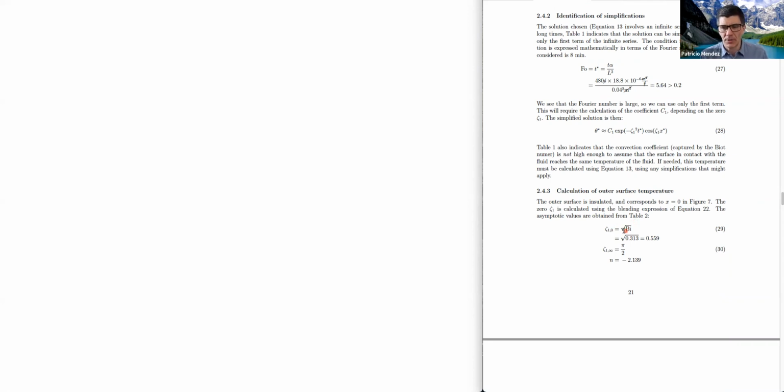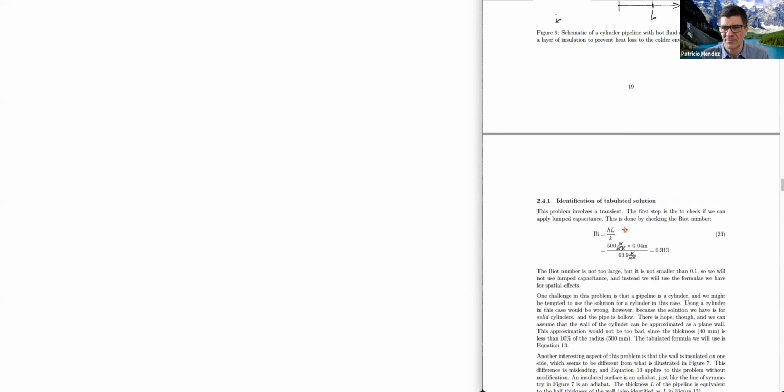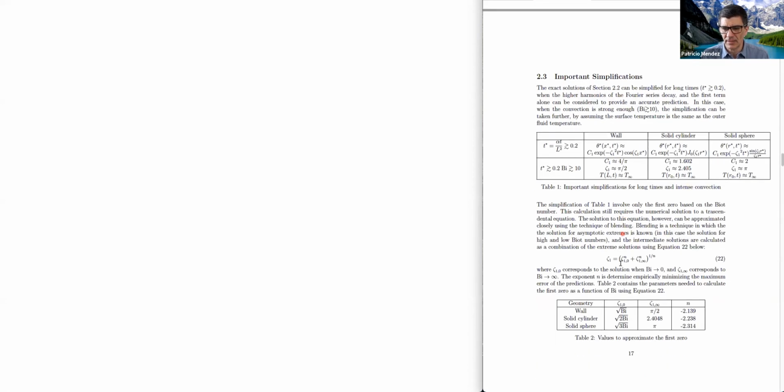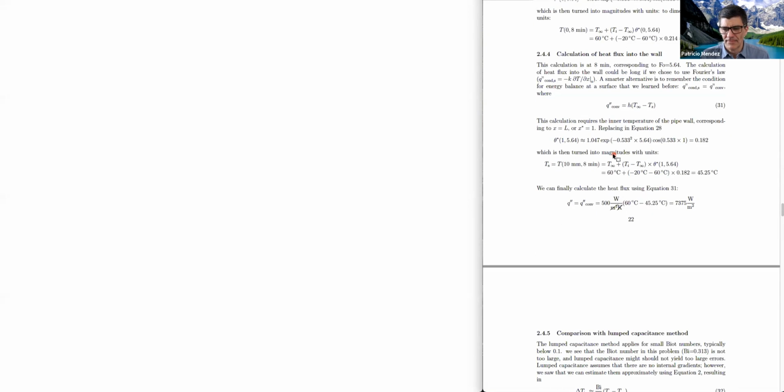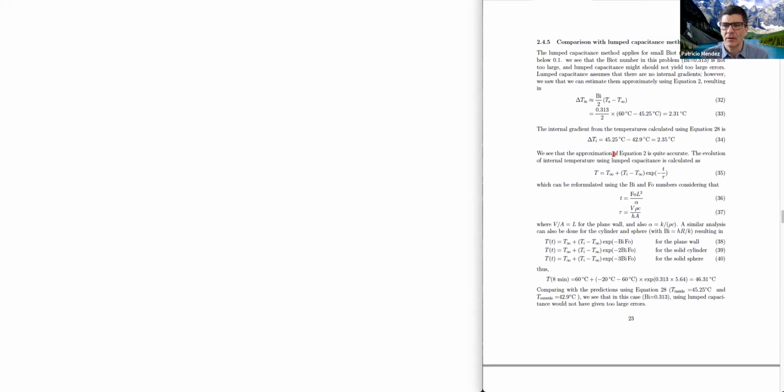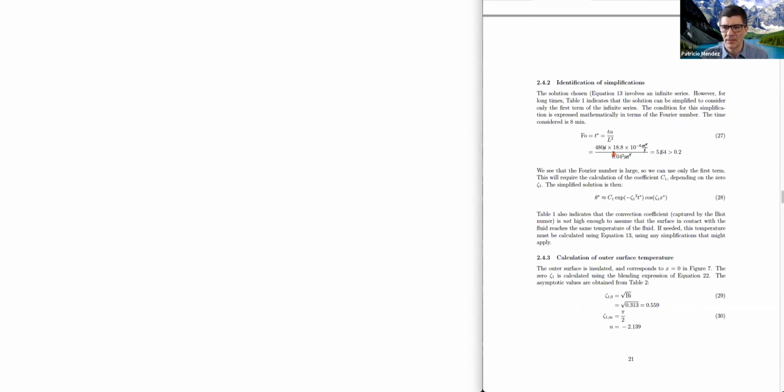What is zeta 1 at Biot 0? It was the square root of Biot, and that comes from this table we have here for the wall. Here you see the formula. Are we good? And we calculated the square root of 0.559. Then the other part of the combination was zeta 1 at Biot infinity.